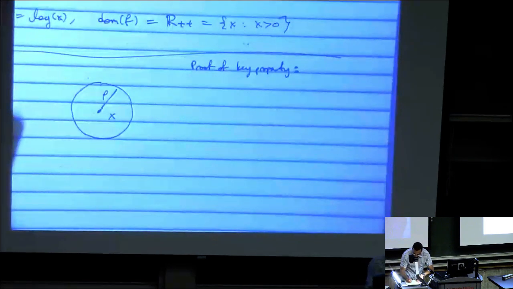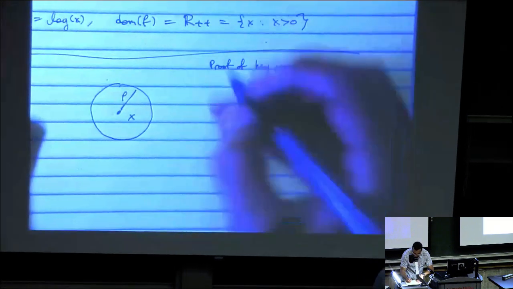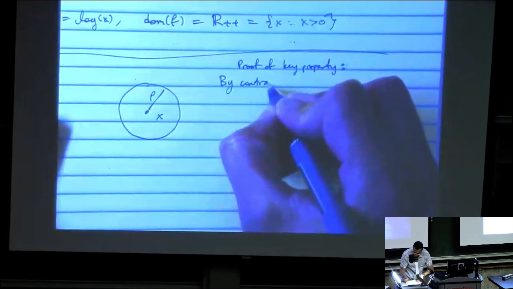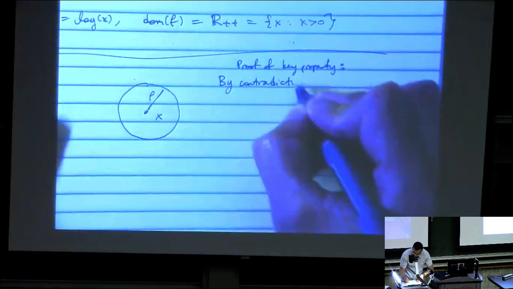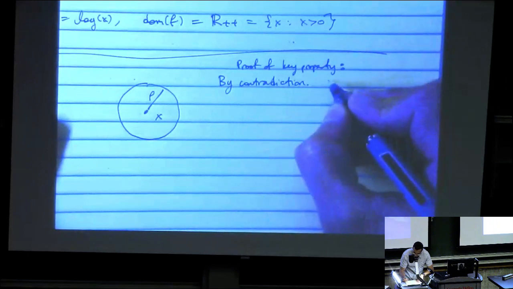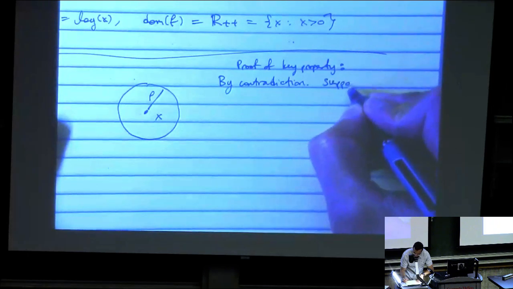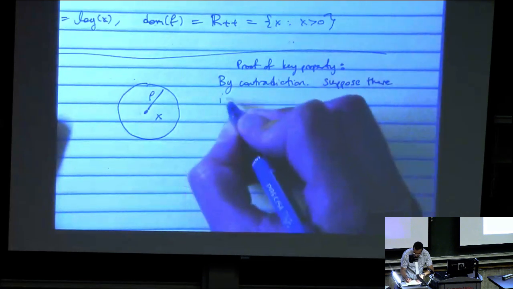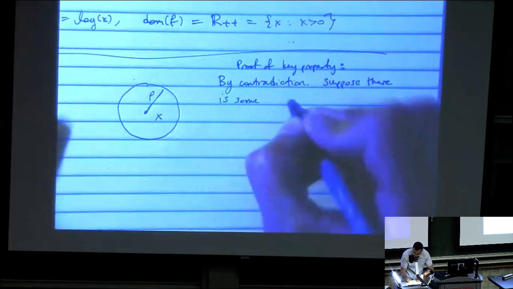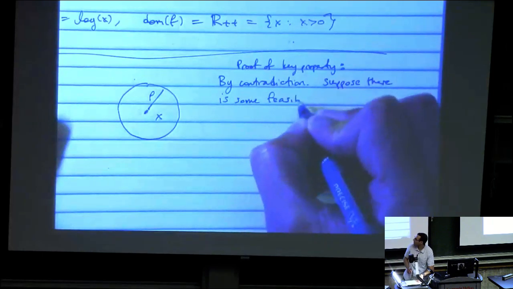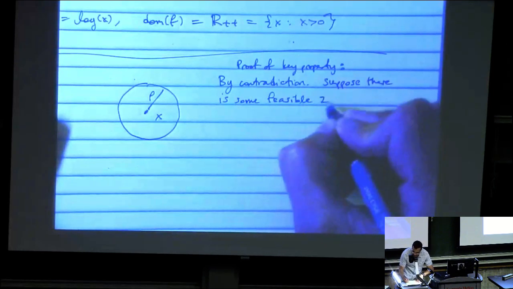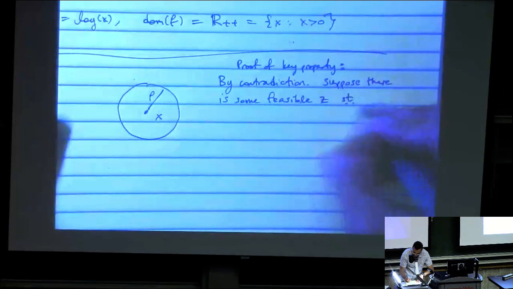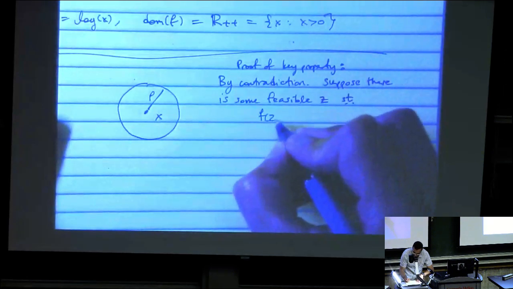Okay, so we're going to do it by contradiction. So we're going to say, suppose there's some feasible point z such that f of z is strictly smaller than f of x.